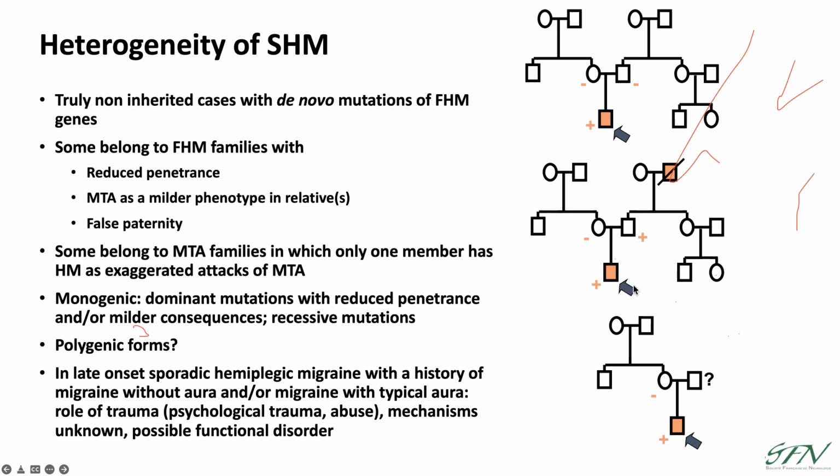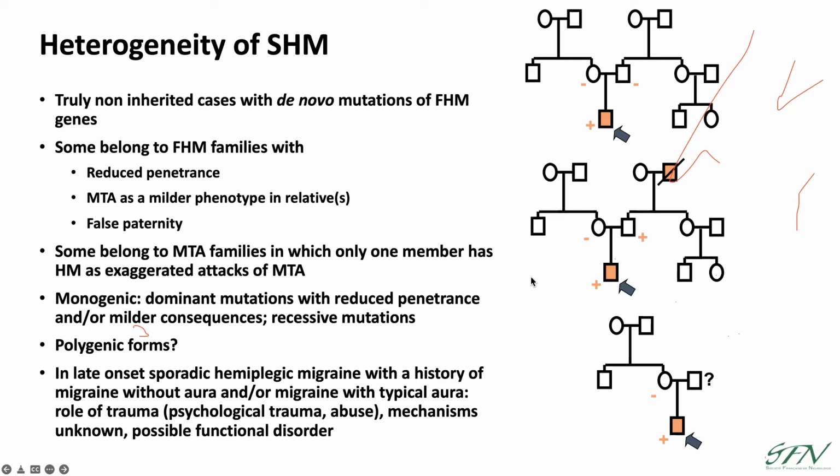So it appears as sporadic, but if genetic tests are done in the parents, you will find the mutation in the boy and the same mutation in the father, who carries the mutation, but the mutation is not expressed and the father has no attacks.